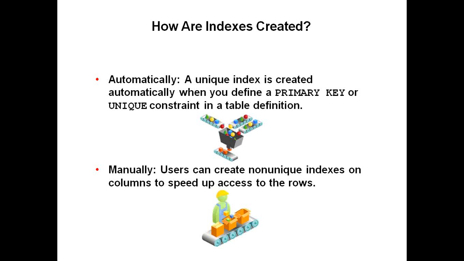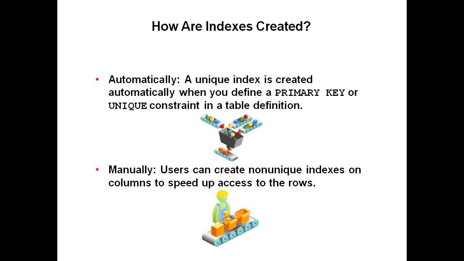As you can see on the slide, an automatic index will be created whenever you declare a column as a primary key, or whenever you declare a column as a unique key in the table definition. Then Oracle will automatically create an index. In both cases, an index will be created on the table automatically.